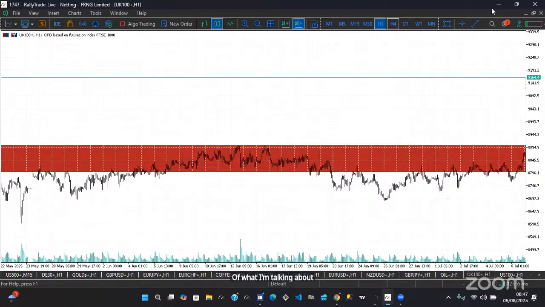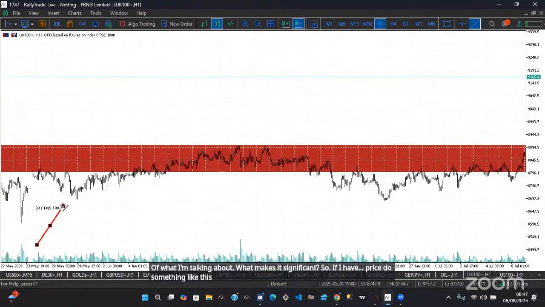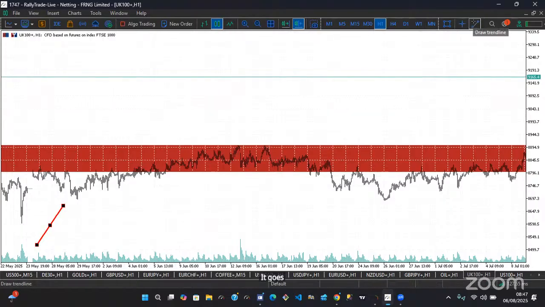What makes it significant? So if I have price do something like this, it's pulling up, it goes to the upside, and it comes down. Now, if it comes down a little and goes up again, notice that when it came down a little, this was a high, right?